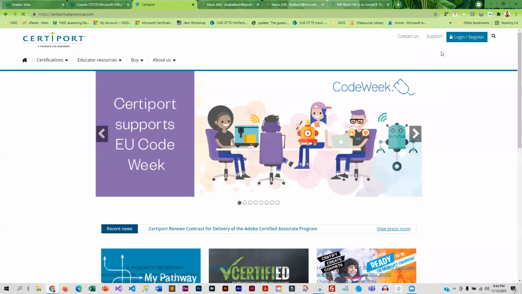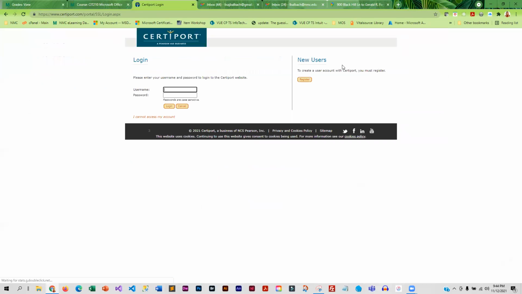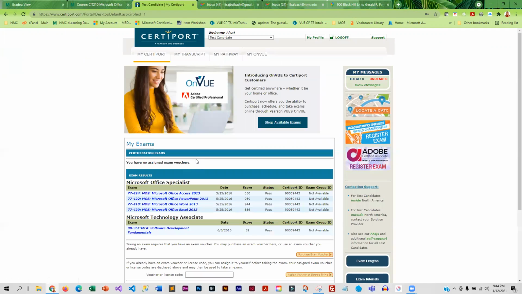Okay, and that's really as simple as going out here, certiport.com, log in. Okay, if you have an account, you're going to go over here. Otherwise, you're going to register. Hopefully I remember. Okay, and so that's all I really need to see is a little screen picture of this.